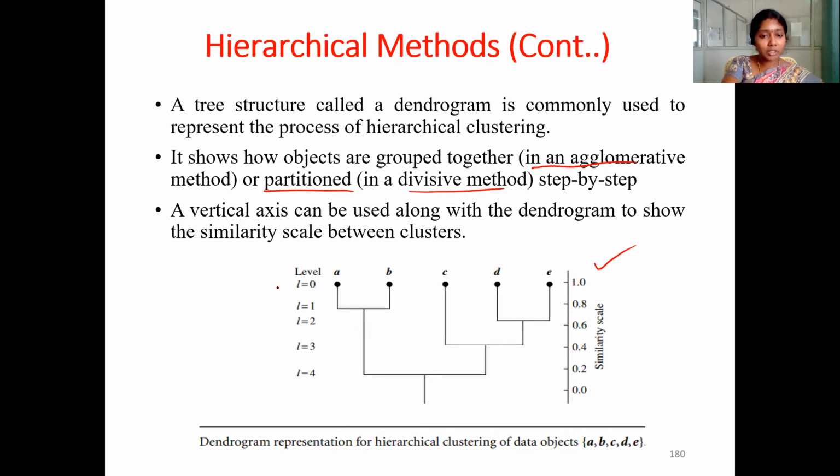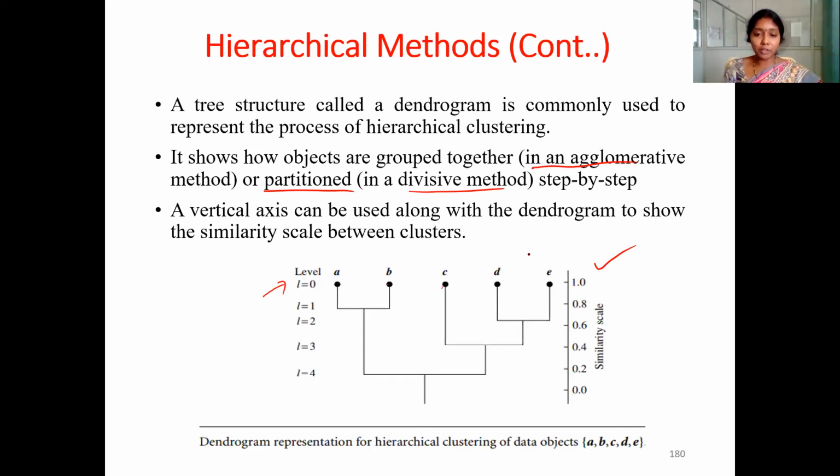If you consider level 1, in level 1 we have individual clusters. This particular dendrogram represents which method, agglomerative or divisive? We have dendrograms for both agglomerative and divisive, but in this particular example we have considered the dendrogram for the agglomerative method, because we need to start with the individual data objects as clusters.